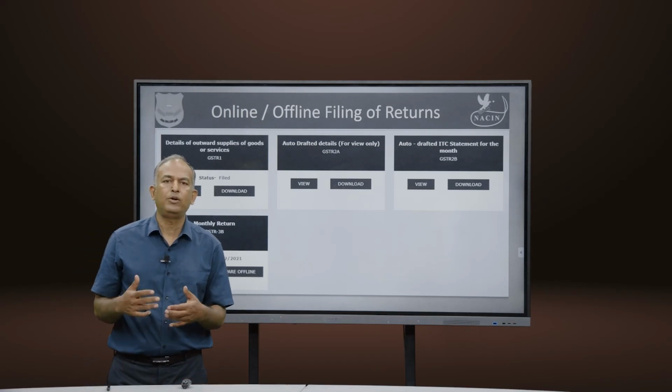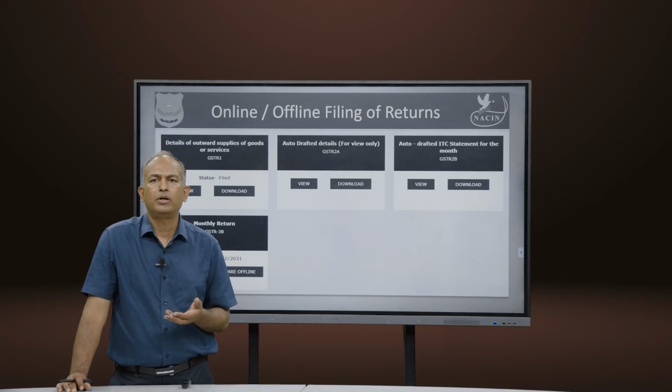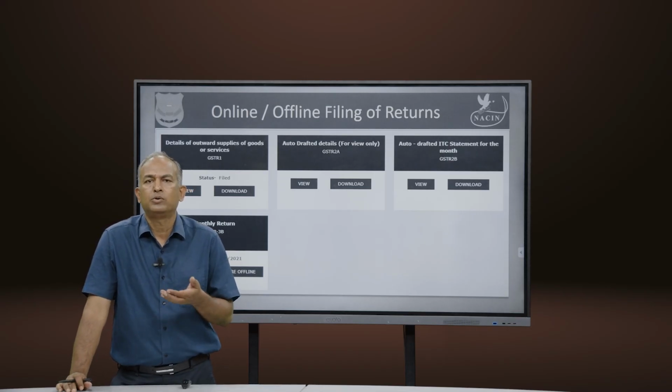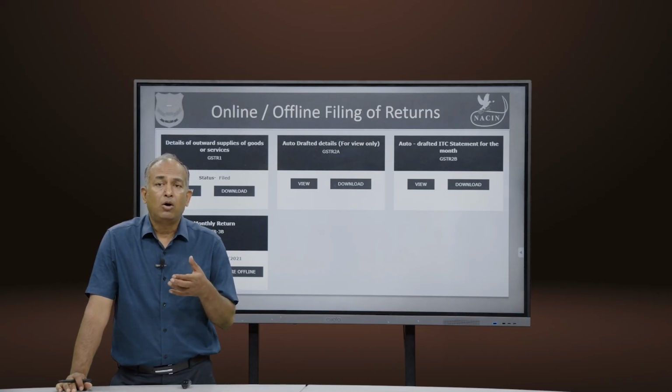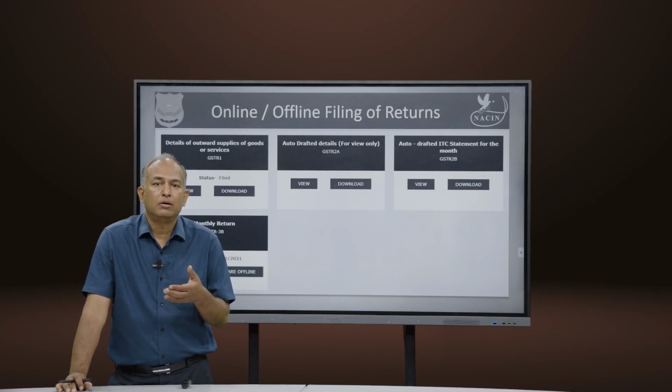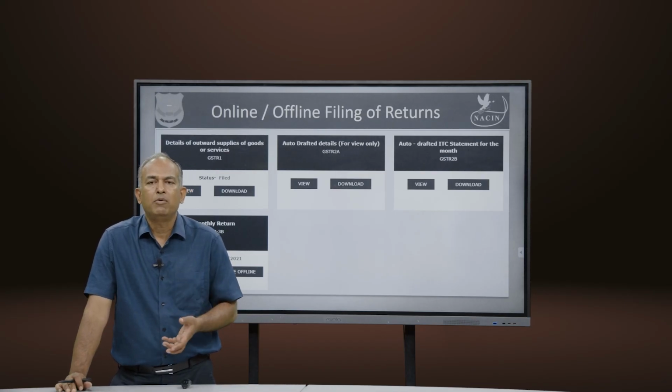There is an offline utility provided free by the GST portal, a wonderful utility which needs to be highlighted from the system perspective. I remember it was such a robust one that it could upload even up to 20,000 records.